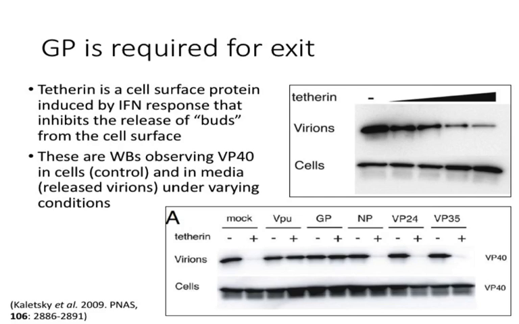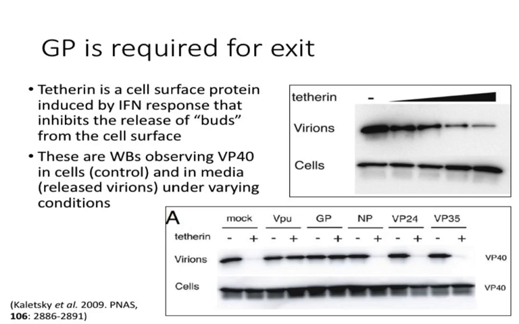With tetherin, and they're using concentrations that are equivalent to this highest amount, we get a block in exit. VPU is a protein from HIV. This is a positive control. When VPU is added in the presence of tetherin, what happens? Still gets some exit from the cell.